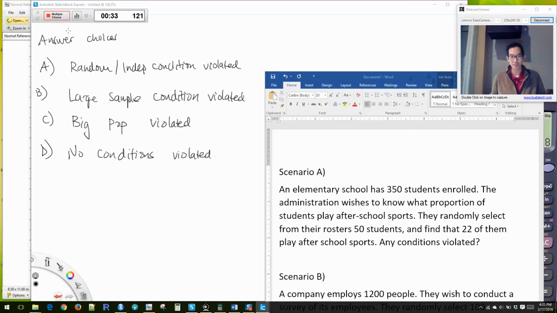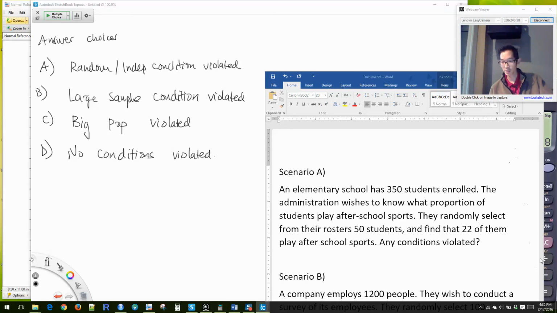Which condition is violated? Random and independent condition, the large sample condition, the big population condition, or no conditions are violated. Get your clicks in for this one. Okay, I'm going to hit stop here.